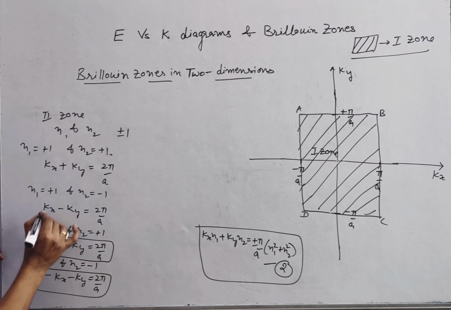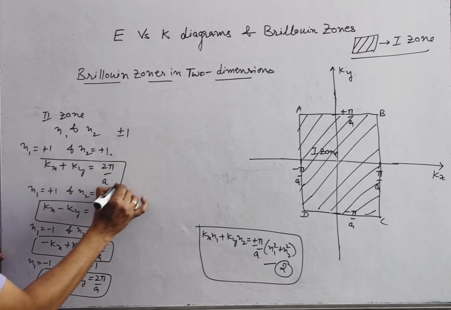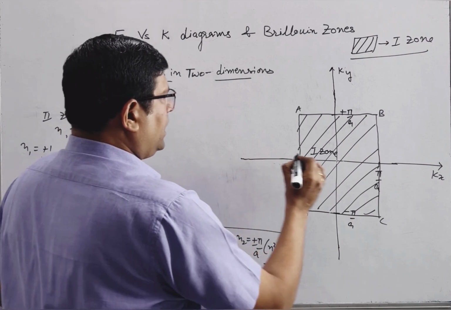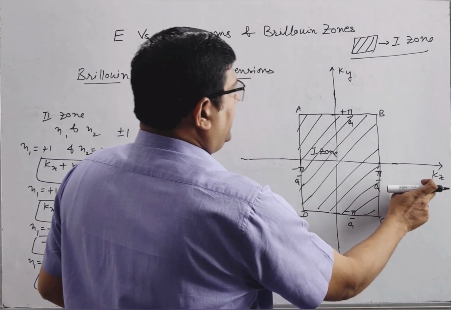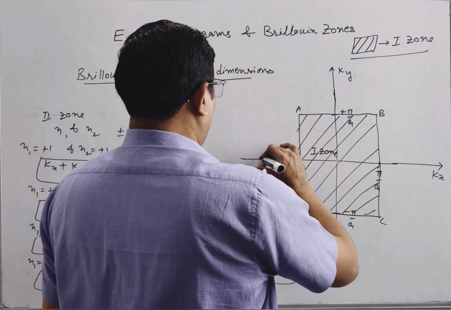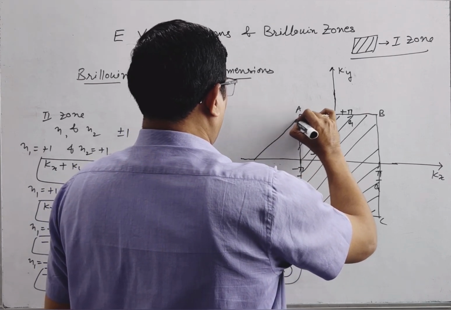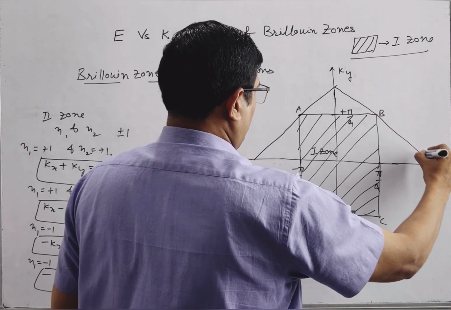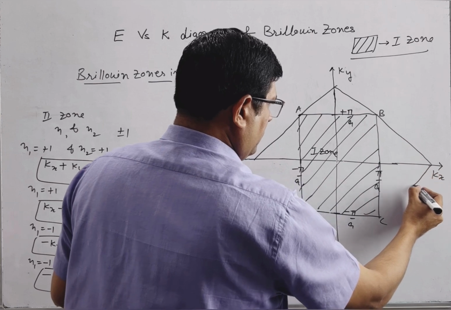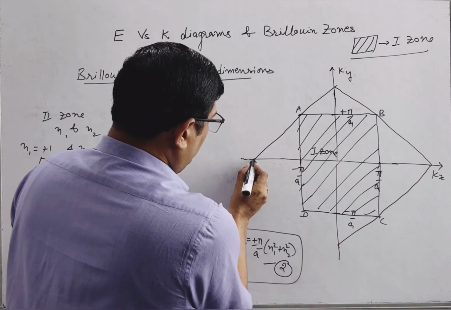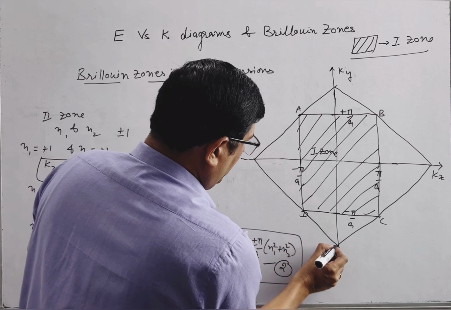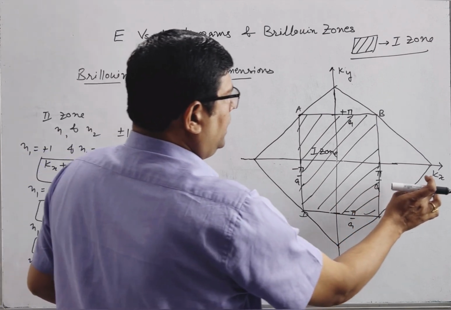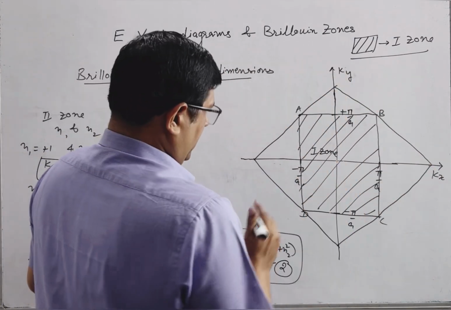So these are four equations. This set of four equations describes the lines which are at 45 degrees to the kx and ky axes. So we have four lines from these four equations. These are inclined at 45 degrees to the kx and ky axes.